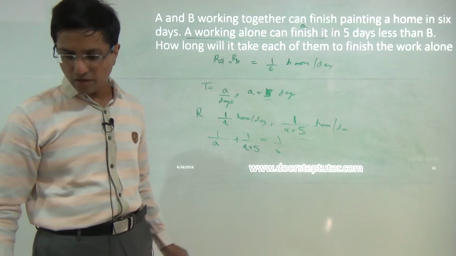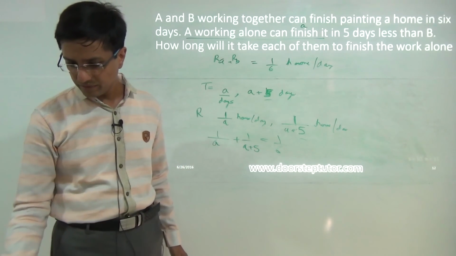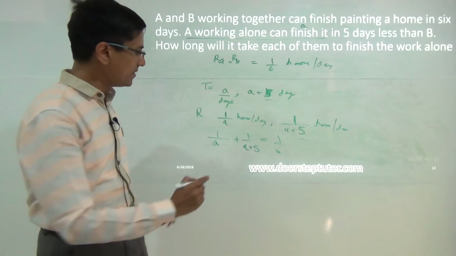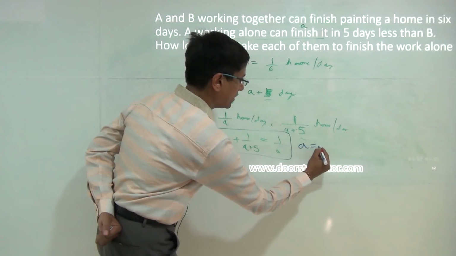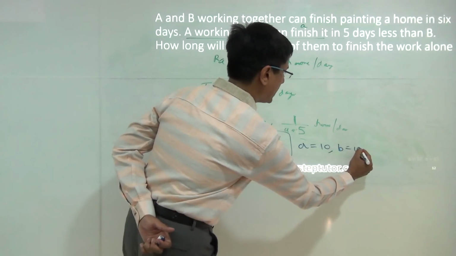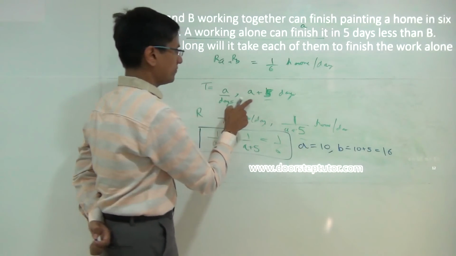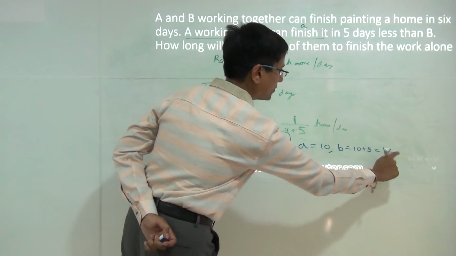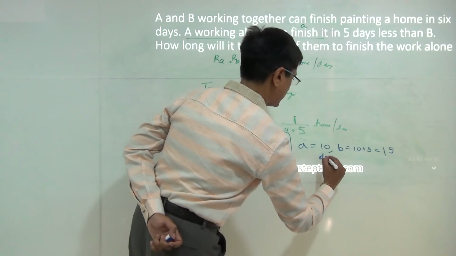If you solve this quadratic equation, the only valid root is A equal to 10, and therefore B is equal to 10 plus 5, which is equal to 15 days.